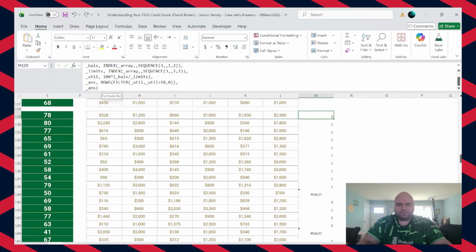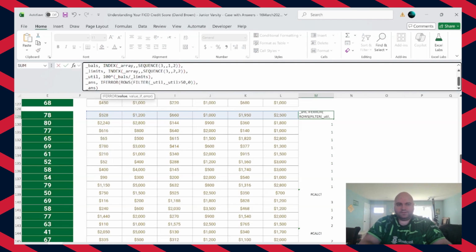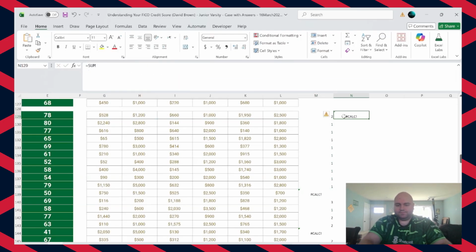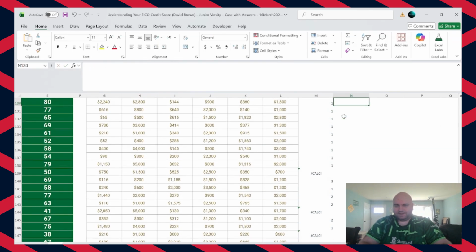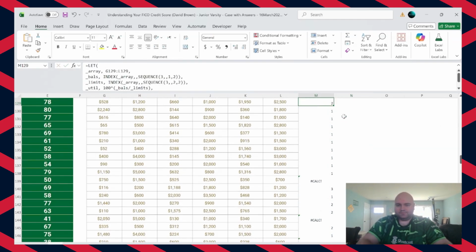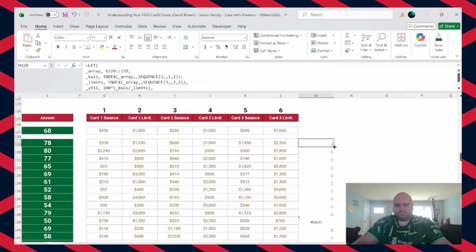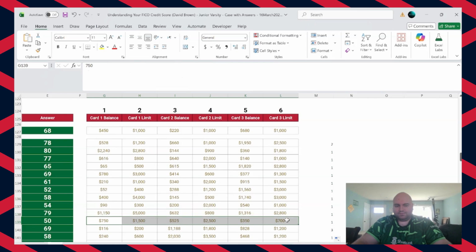Here, I can just wrap the rows in an if error. If error, this, comma, 0, and parentheses. Why is it? I can just sum this. No need to make this as tricky. Oh my gosh. I want this calc to be 0. But why is it returning 1 here? You can clearly see that this should be 0.